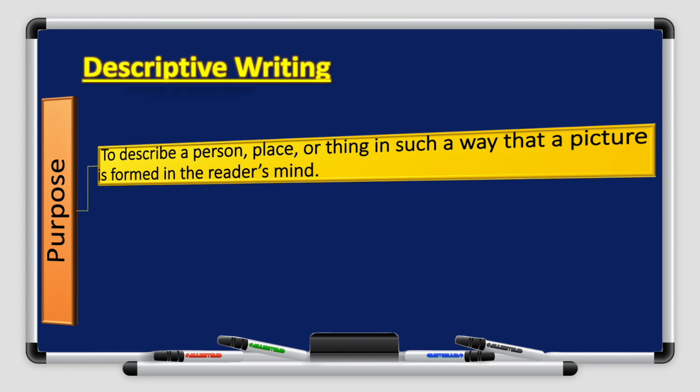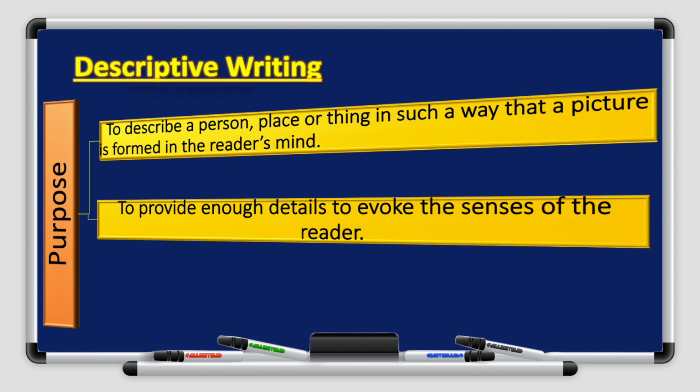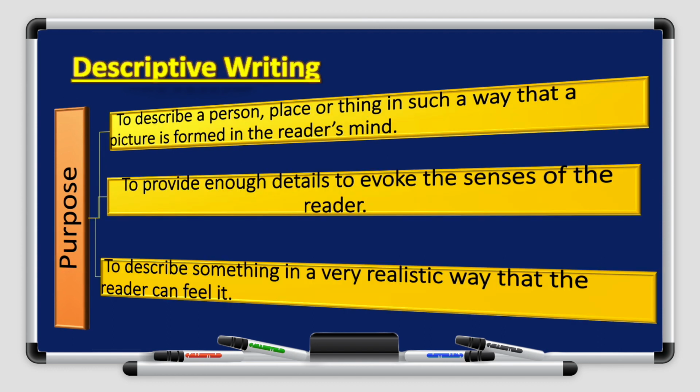So that's one of the purposes of descriptive writing. Another purpose is to provide enough details to evoke the senses of the reader. Your descriptive writing must be detailed because you're trying to evoke the senses of sight, smell, sound, taste, and touch within your reader.